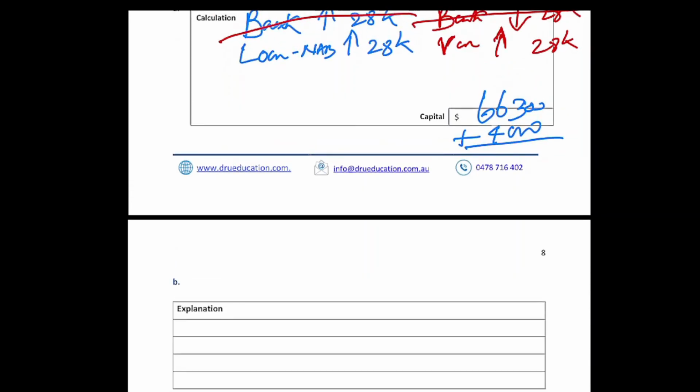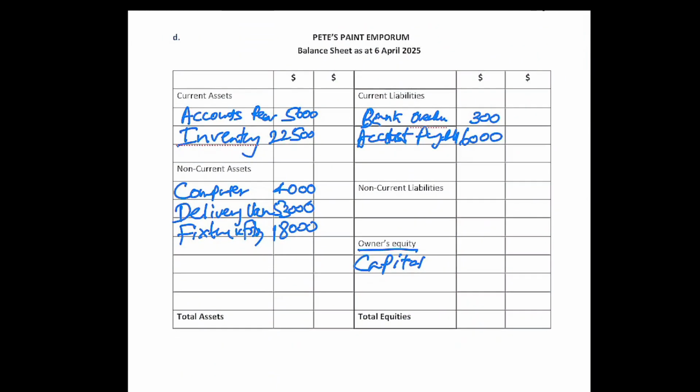How much was it, capital, guys? 66,300. No, I mean in the balance sheet. Did you write how much? On the capital. 68,804? No. 70,000. 70,300. Please write it if you are wrong.